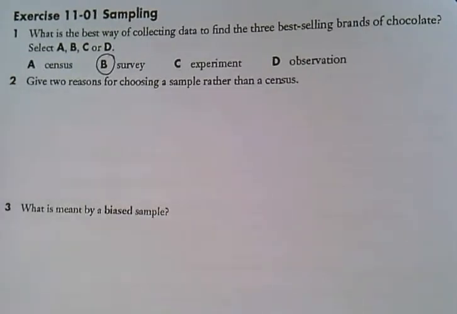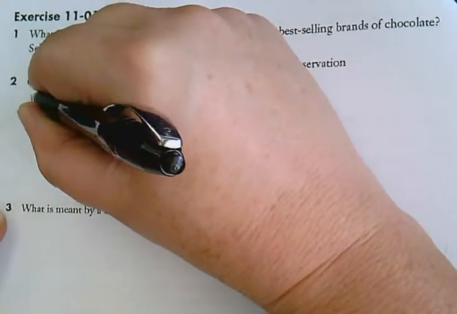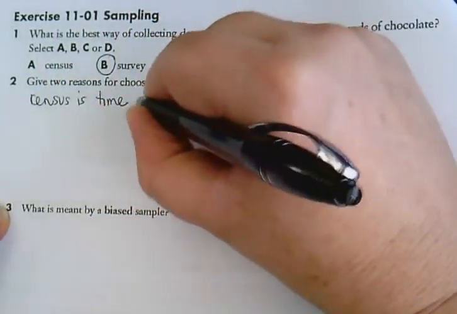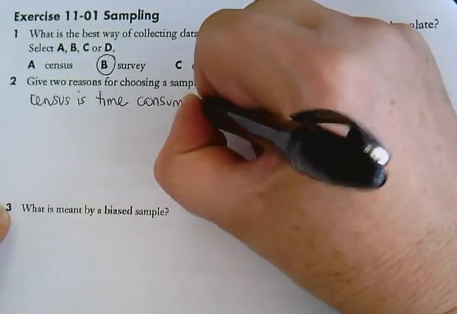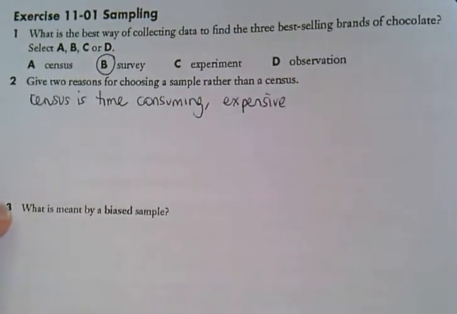Now, give 2 reasons for choosing a sample. Why would you choose a sample? Why would you only choose to ask some people rather than everybody? What do you think about time? So a census is time consuming and what else? Expensive. Time consuming, expensive, and it's sometimes impossible really.